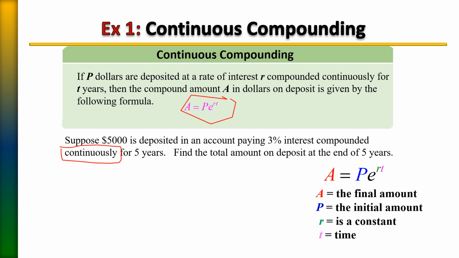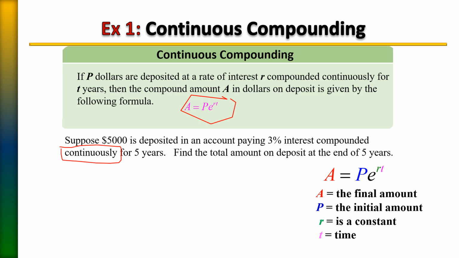Those compounded over other time periods, such as quarterly, biannually, or monthly, are just regular compound interest, but continuously compounded is when you use the PERT. All right, enough. Let's get started.